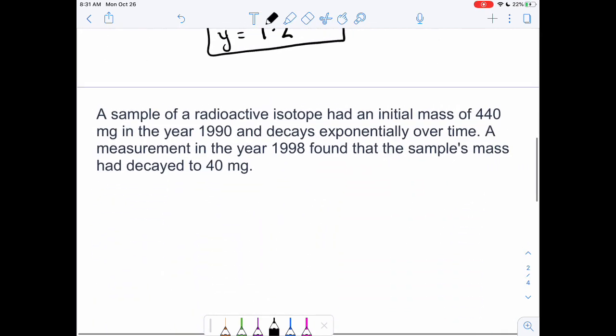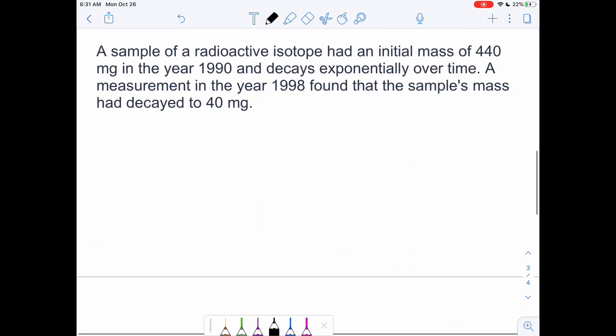Example 3 is a little more complicated. The ordered pairs are not as obvious. Let's take a look. A sample of a radioactive isotope had an initial mass of 440 milligrams in the year 1990. I'm going to pause right there and write down that in the year 1990, they had a mass of 440 milligrams.